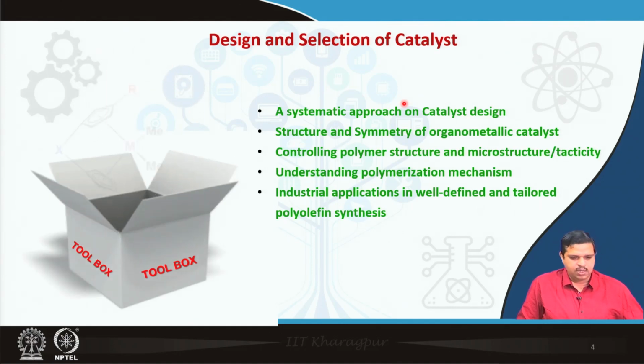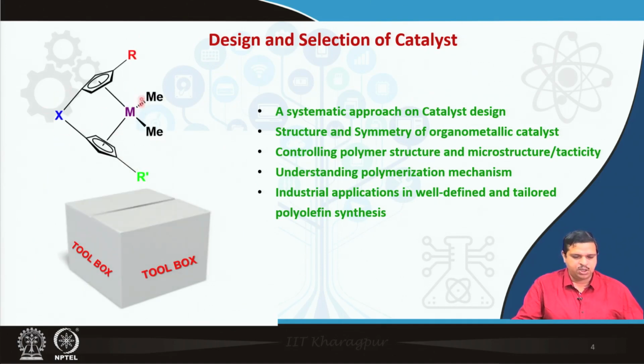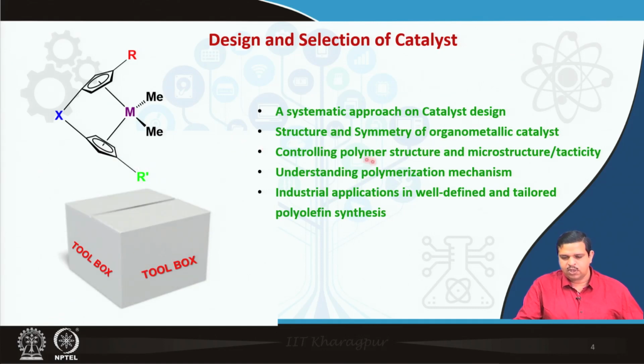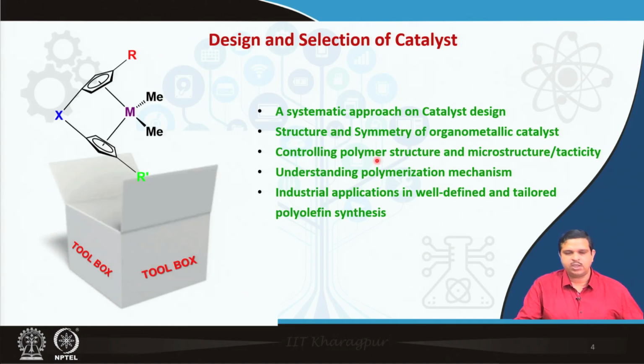As you see, these are the metallocene based catalysts. By structural variations, by changing this bridging or the substituents, you can change the symmetry, and this symmetry can govern the polymer microstructure, tacticity and the chemical structure of the polymers.